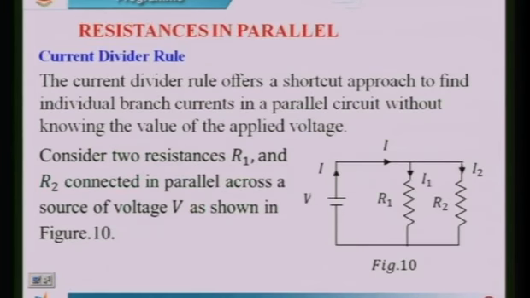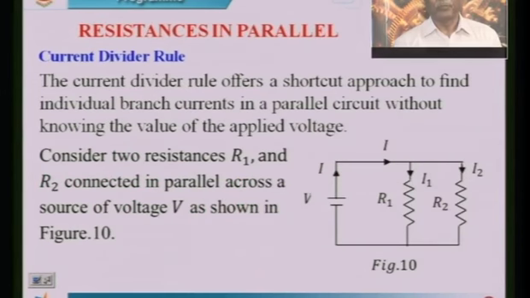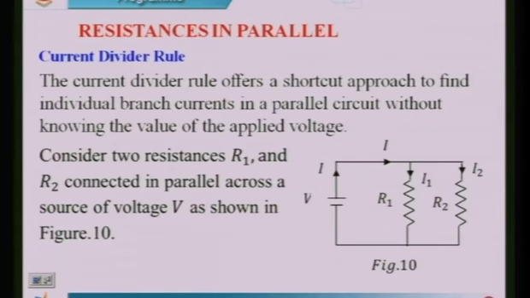So when it comes to the current divider rule, it offers a shortcut approach to find the individual branch current without knowing the voltage. How can it be?